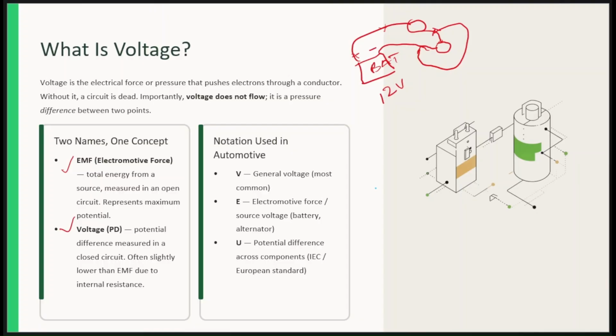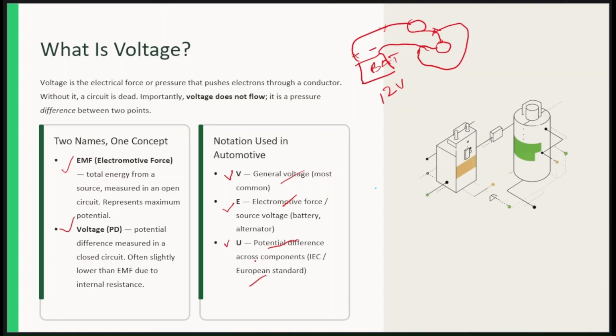Now let us understand how we denote voltage. We denote voltage using the letters V, E or U. V generally stands for voltage, E stands for EMF, and U stands for potential difference or voltage, but it is used in European standards.